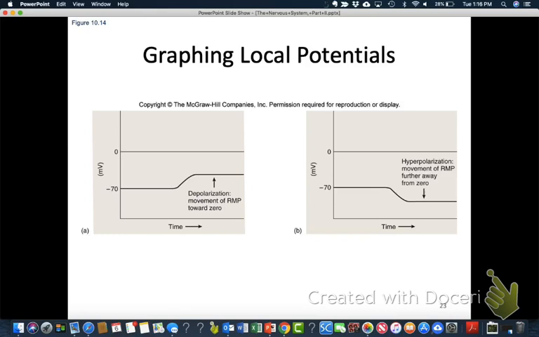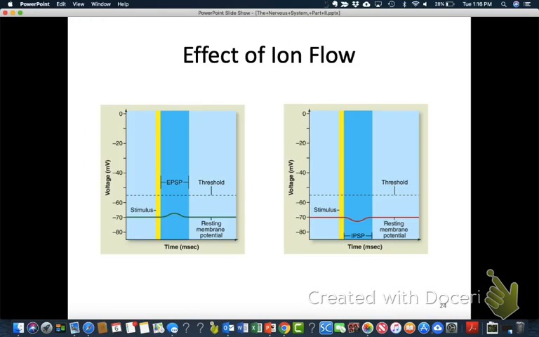And in the case specifically of synapses, this is what's going to happen. At the synapses, the neurotransmitter is released, it binds to the channels, it opens the gates of those channels.